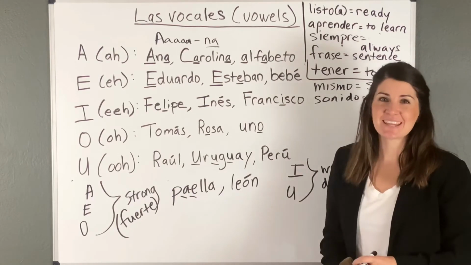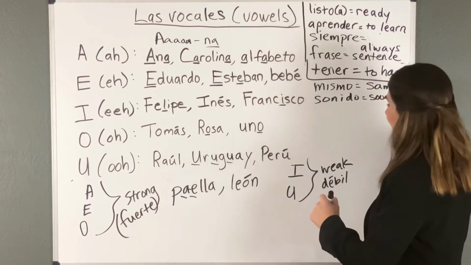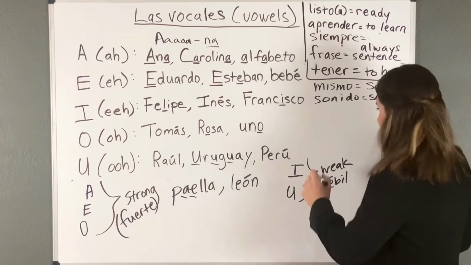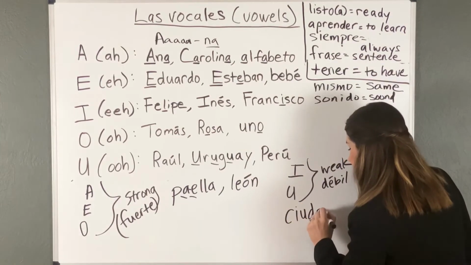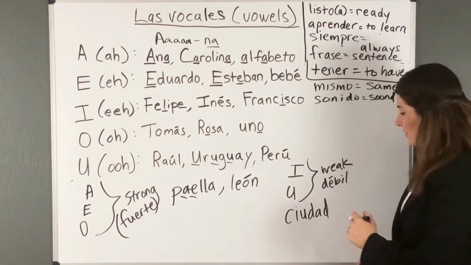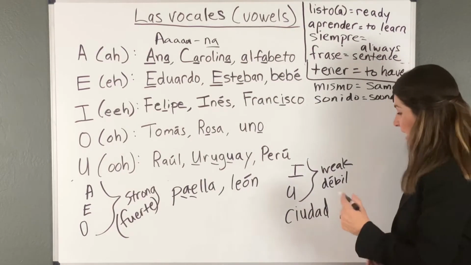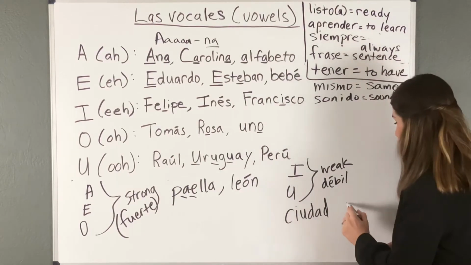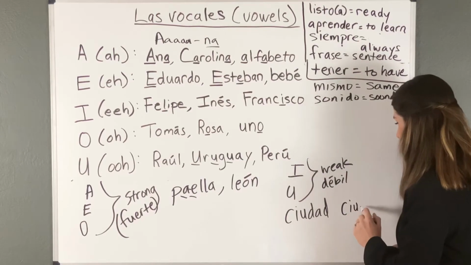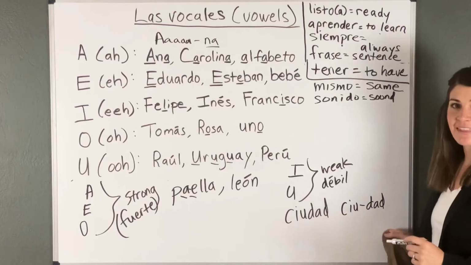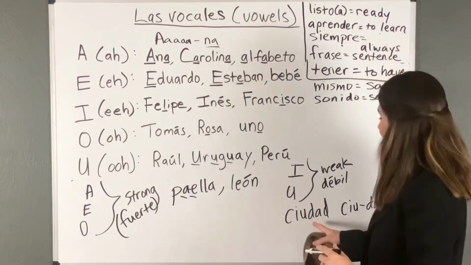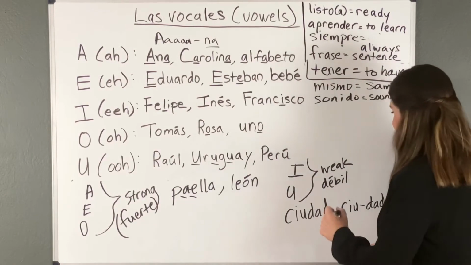Let me give you an example. Ciudad, the word for city, if you were to break that up into syllables, would become ciudad. Ciudad. Let's look at another example.